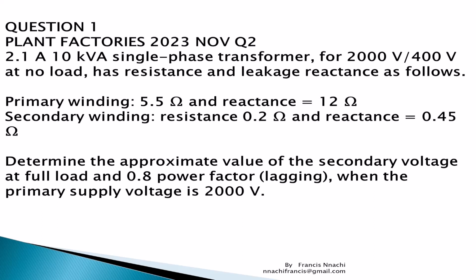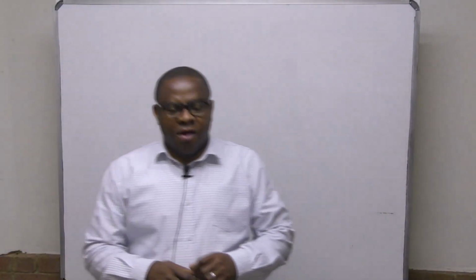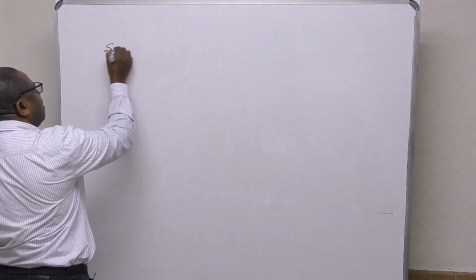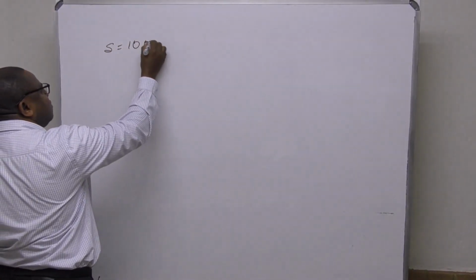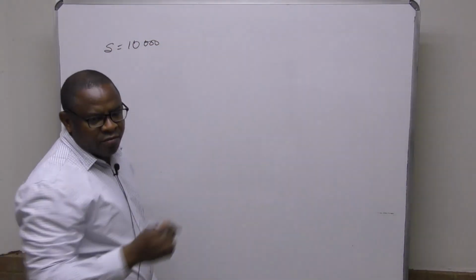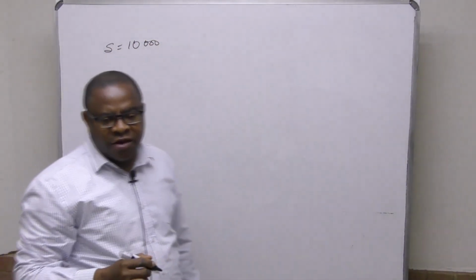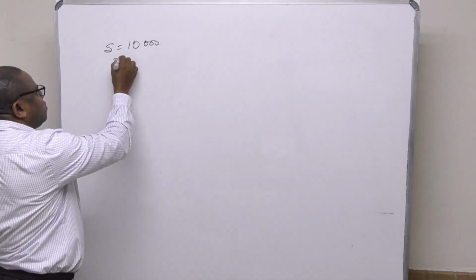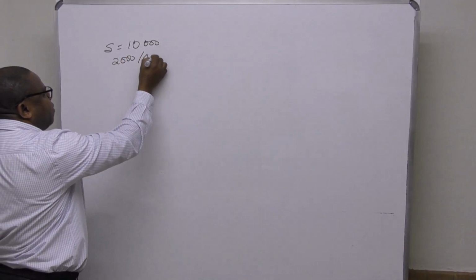So we look at that equation first. All right, so now let's check what is given to us. Apparent power, S is 10,000 volt amperes, that is 10 kVA. And the transformer is 2000/400 volts.